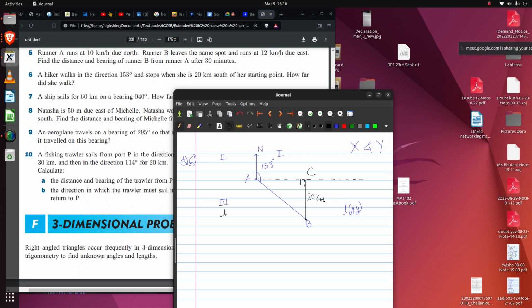They are asking you the length AB. If you want AB, I need at least one angle inside the triangle, isn't it? So which one is possible to find out from the data given?